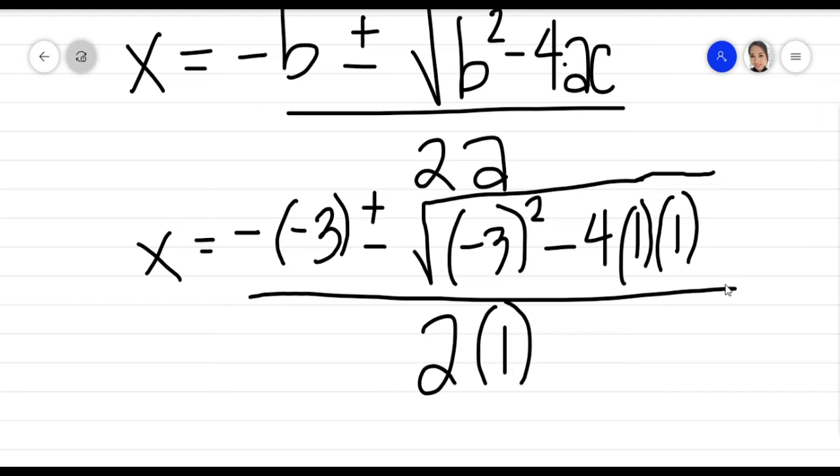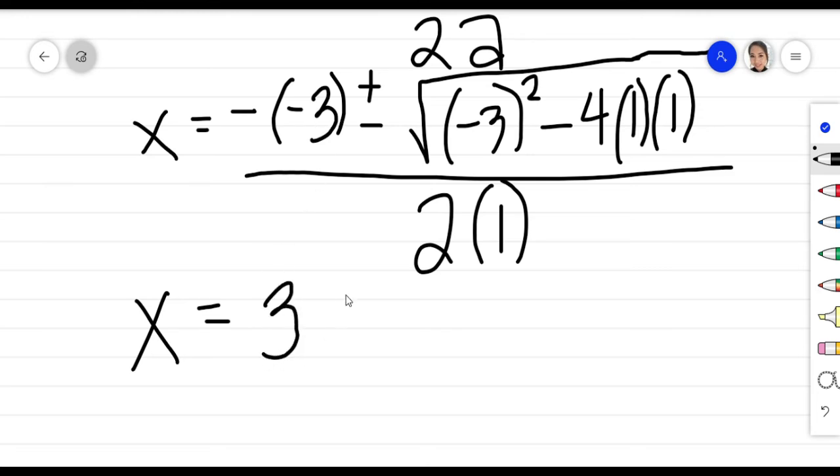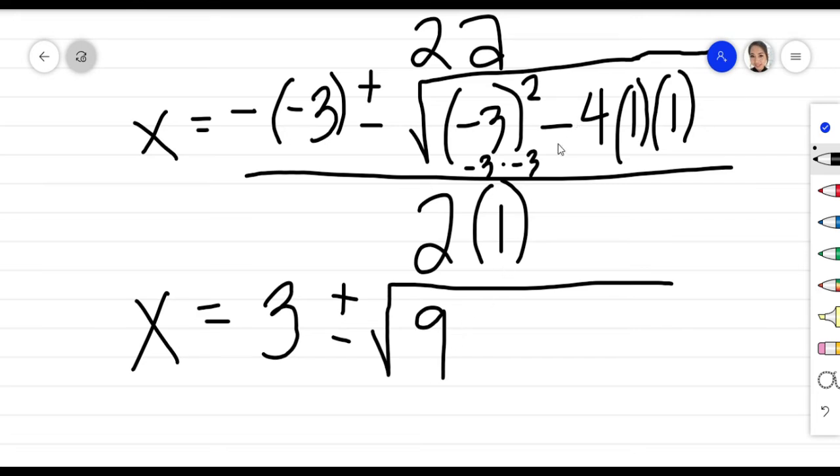And then let's simplify this. That is equivalent to x equals negative times negative 3, that is positive 3, plus minus square root of, what is negative 3 to the power of 2? It means negative 3 times negative 3, so that is positive 9. And then negative 4 times 1 times 1, that is negative 4.